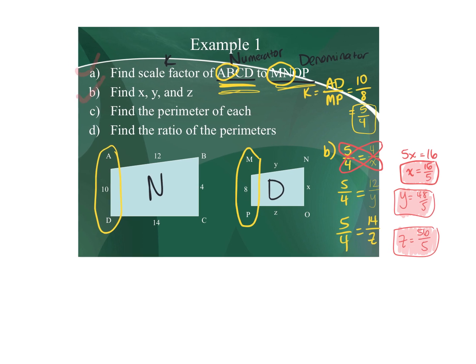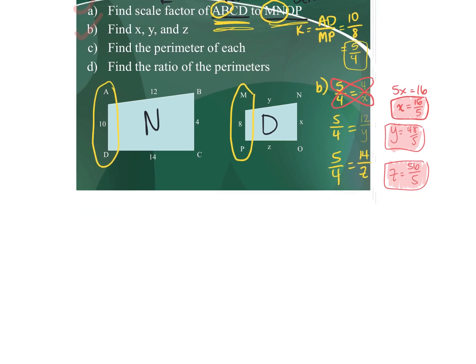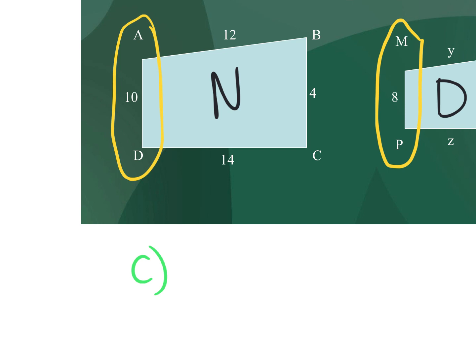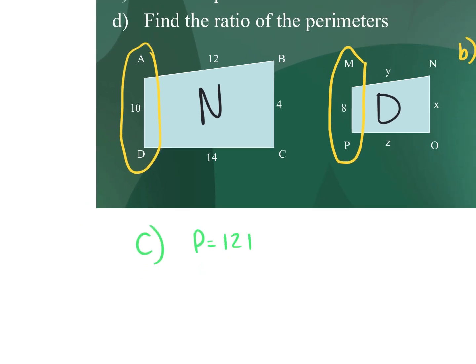So we did part B. So we're done with part A. We're done with part B. Next comes part C. C is asking me to do what? Find the perimeter. How do you find the perimeter, guys? Add all of the sides. So ABCD is going to be fairly simple. To find the perimeter of ABCD, we just add all the sides. It should be 12 plus 4 plus 14 plus 10.